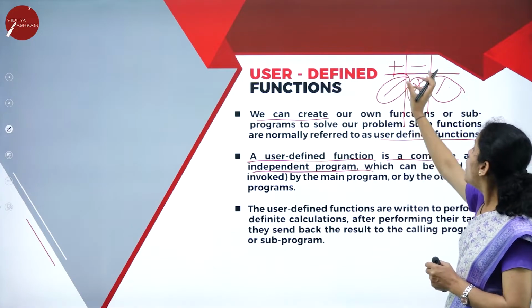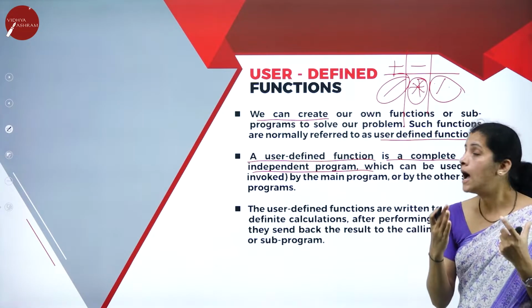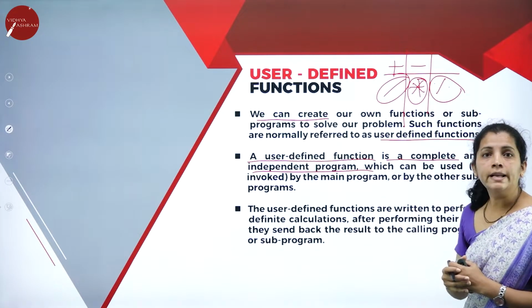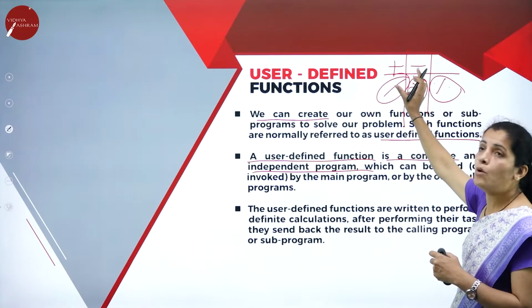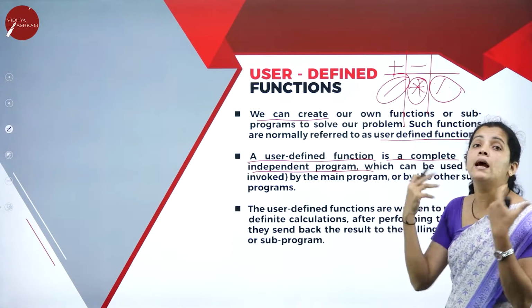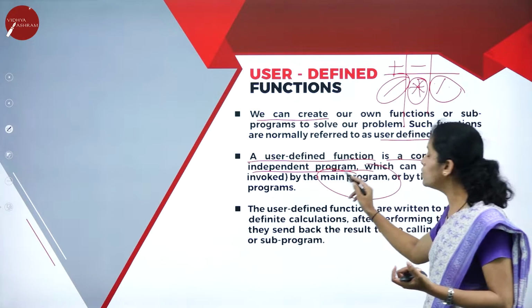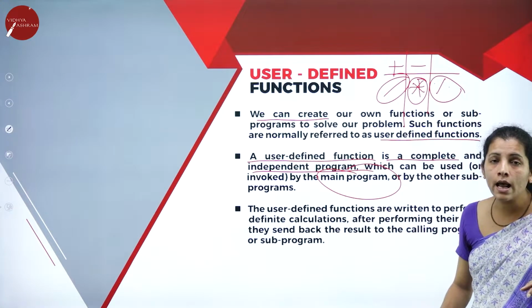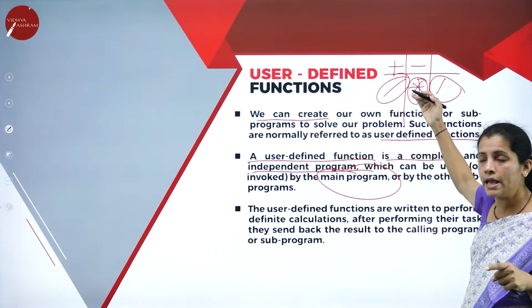All the 5 modules are independent as well as complete modules, and if I want to invoke these modules or subprograms, I invoke them in my main program. Inside my main program, I'm going to call all these subprogram names.